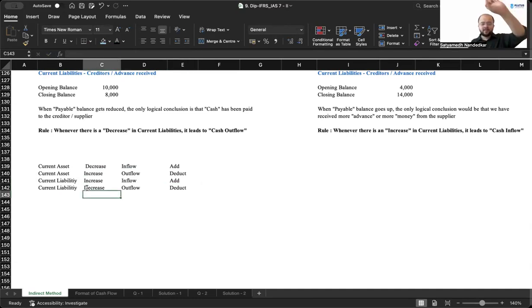Remember current asset decrease, inflow. So if instead of decrease, the current asset increases, naturally it will lead to an outflow. Current liability decrease, instead of asset it is liability, naturally it will be an outflow. So just keep these basic things in mind, and you have the entire rule made out for you in terms of which items have to be added and which items have to be subtracted.